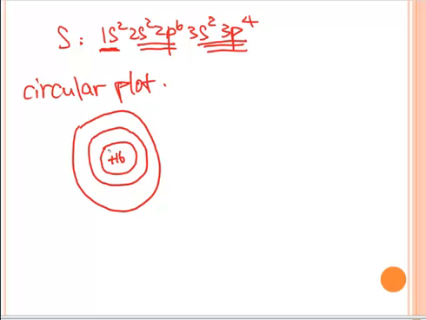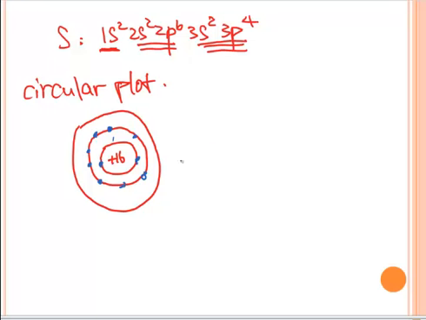So on the first principal energy level, there will be just 2 dots. For the second principal energy level, we should have 2 plus 6, that should be 8. 2, 3, 4, 5, 6, 7, 8.